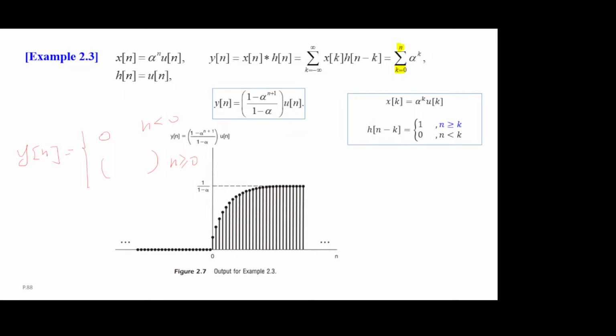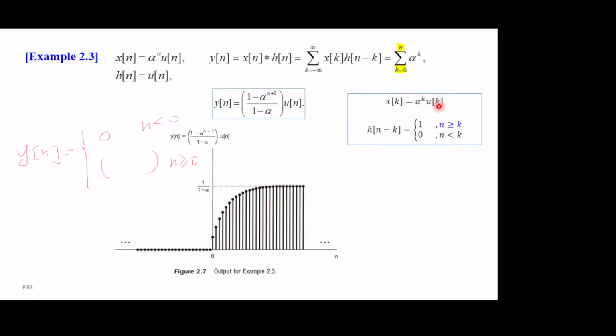And also you can do this a little more algebraic way. So you can also see that y of n equals the summation from k equals minus infinity of x of k h of n minus k. Then you remember your x of k looks like this. So this u of k here, okay, let's go back to our pointer.